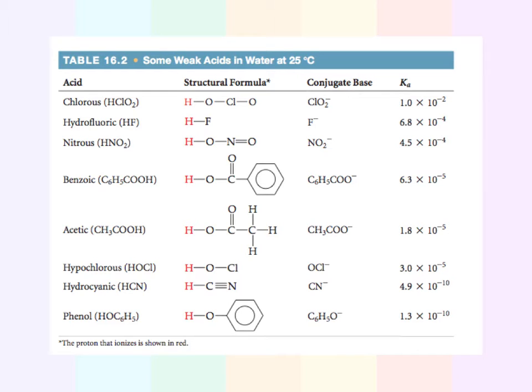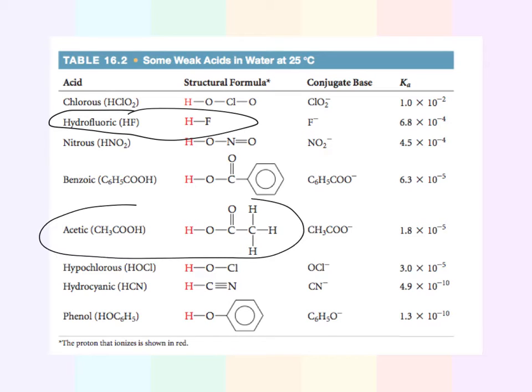The most commonly seen weak acids, at least in most problems that I've ever seen, are hydrofluoric and acetic acid. These are very commonly used in weak acid problems. They're readily available in most chemistry labs and subsequently are utilized in that vein.